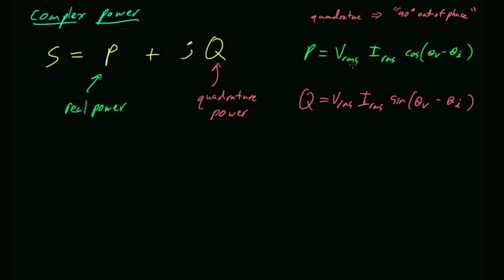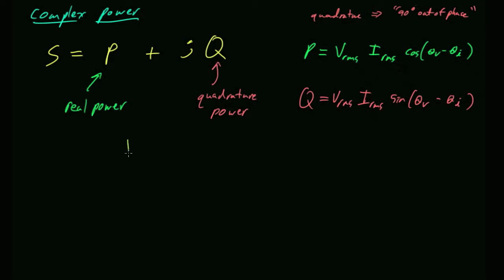If you calculate the quadrature power, you get the opposite. You find that in a resistor, no quadrature power is being consumed. But you find that there is quadrature power being consumed in the capacitor. Sorry, did I get that backwards? I didn't get it backwards. I just said it stupidly. There's a difference.